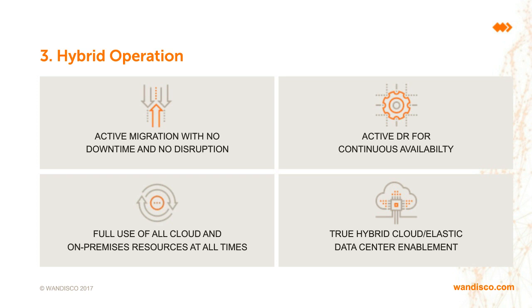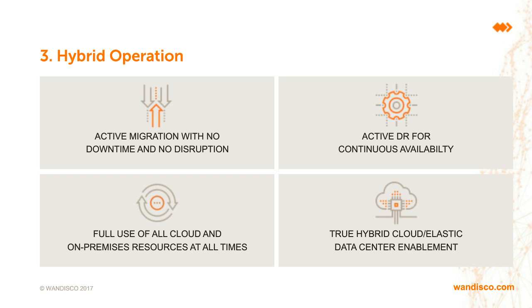And that's what we refer to as a hybrid operating environment. In a hybrid environment, you're looking to operate applications in an active manner in both on-premises and cloud infrastructure, but need to do that without downtime or disruption, so that you don't introduce additional overheads that impose restrictions on how your business operations are performed.